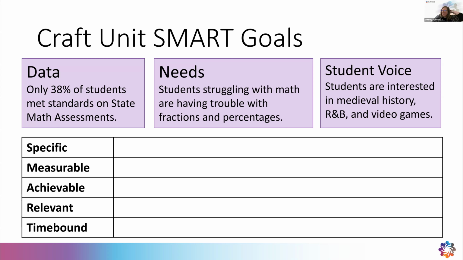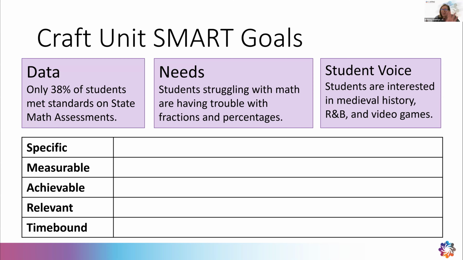Yeah. And sorry, Chaz, I also want to add, I think there's a little bit of information shared here that is optional. We want to make sure that we're addressing student voice, and it's great that they're interested in medieval history, R&B, and video games.